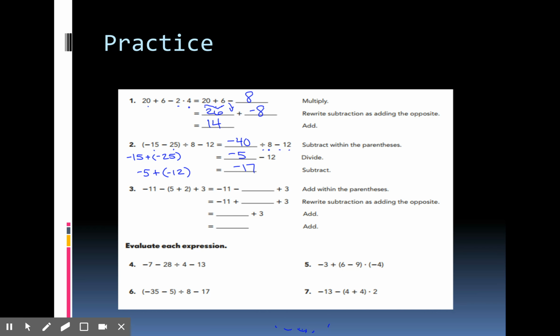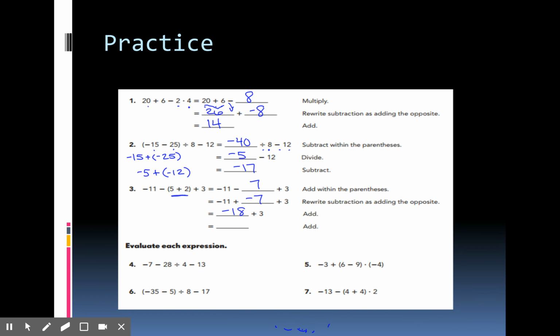Number 3, -11 minus 5 plus 2 in parentheses plus 3. So I always do parentheses first. 5 plus 2 is 7. So this becomes -11 plus a -7 minus 3. Negative 11 plus a negative 7 is a negative 18.